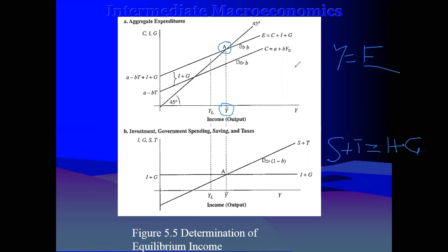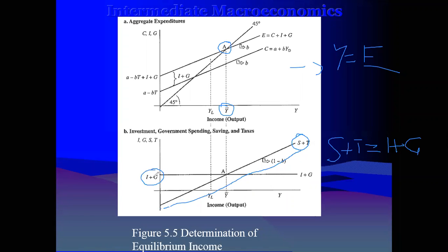So this one is when we use Y is equal to E. And then the second diagram here is using the leakages and the injections approach. This is assuming that initially this was the S curve. When you add T, it's just going to increase. Now this is our leakages curve, and this is the curve for the injections.